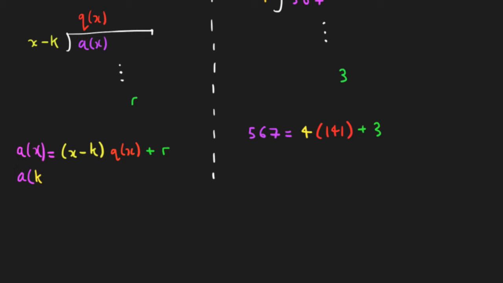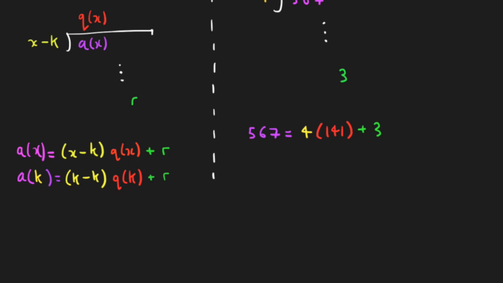Remember, wherever there's an x, we replace it with k. So this becomes k minus k times q of k. Now q of k will just be the value of q when we sub in k, and r just stays the same.